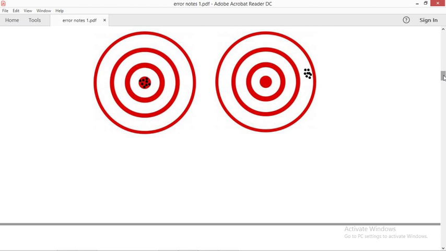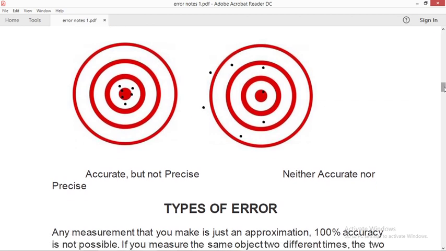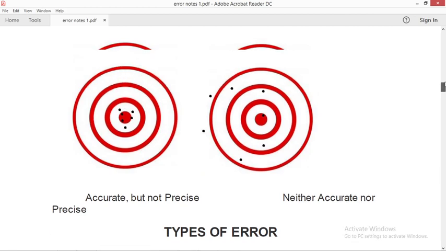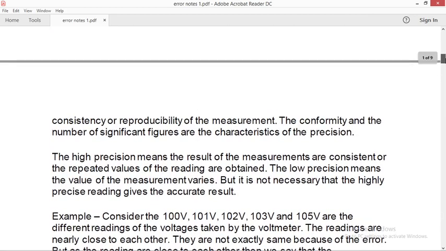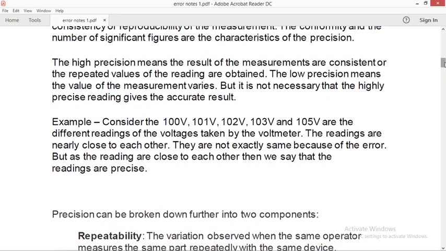The second circle on the right is not accurate, but it is precise, because all the black dots are very close to each other. Another circle on the left is accurate but not precise, and the last one is neither accurate nor precise.